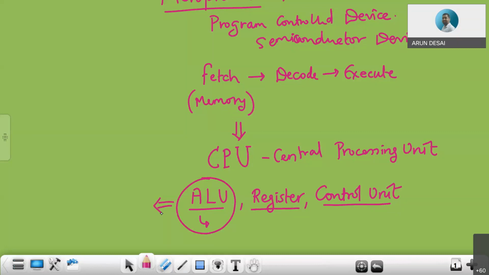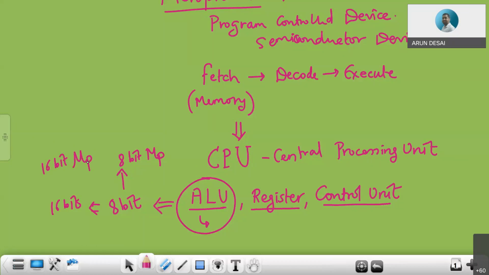So if your ALU is 8-bit, then your microprocessor is called an 8-bit microprocessor, right? If your ALU is 16-bit, then your microprocessor is called a 16-bit microprocessor, right?